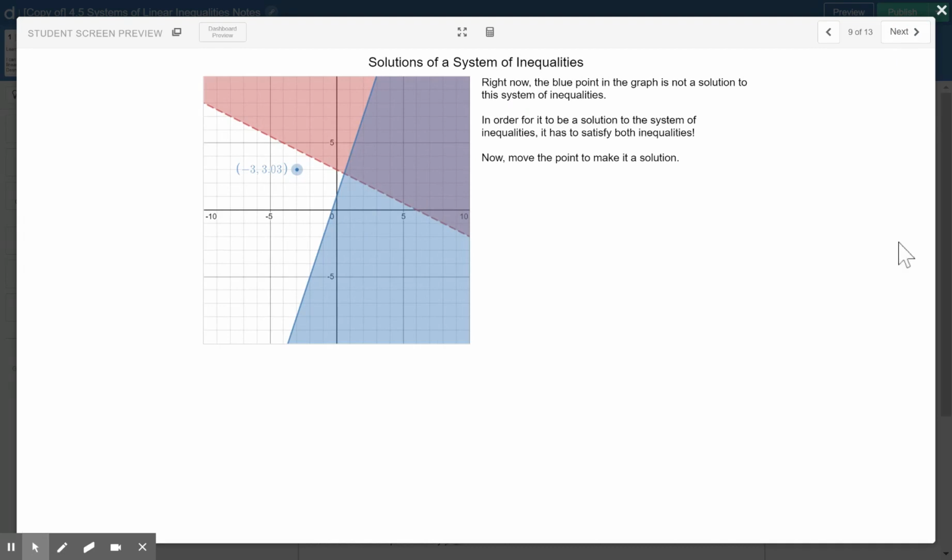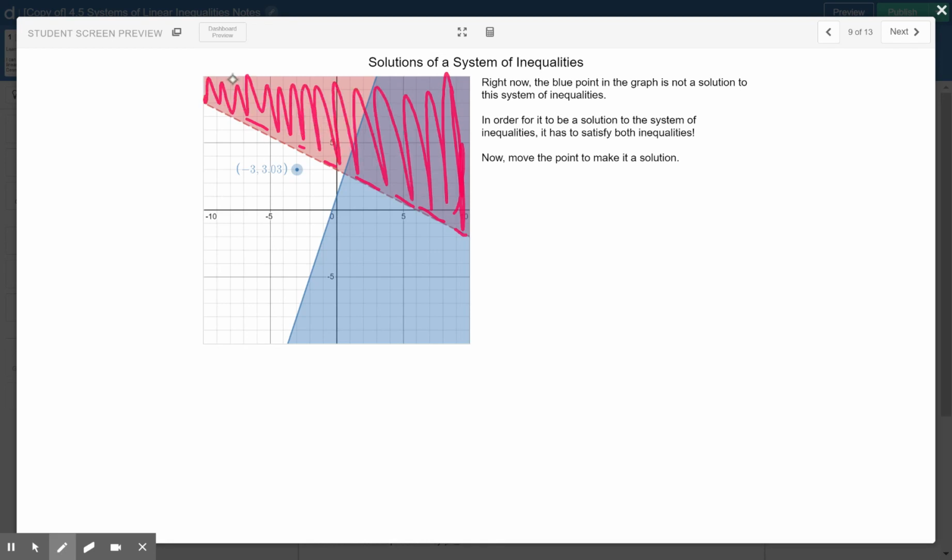All right. So finally, a system of inequalities. That is when we have two or more inequalities graphed on the same coordinate plane. In Algebra 1, we will only deal with two of these inequalities. Now notice that we have this dotted line, and all of this is shaded red.